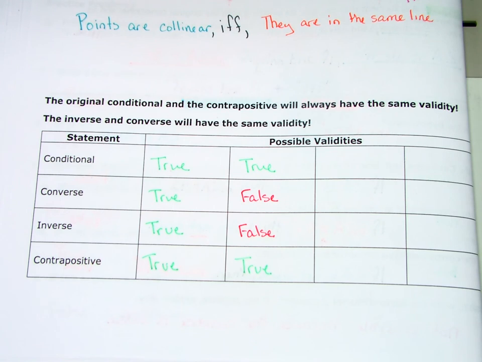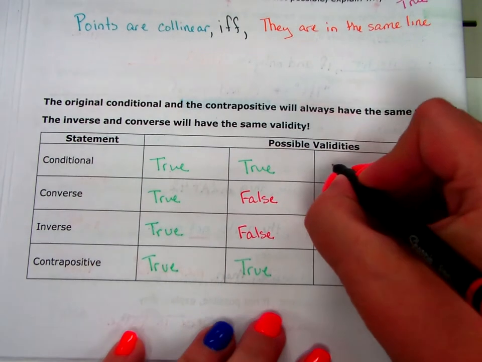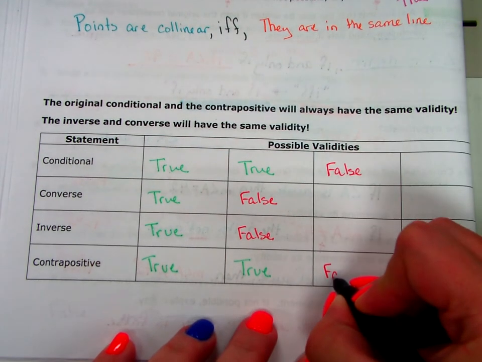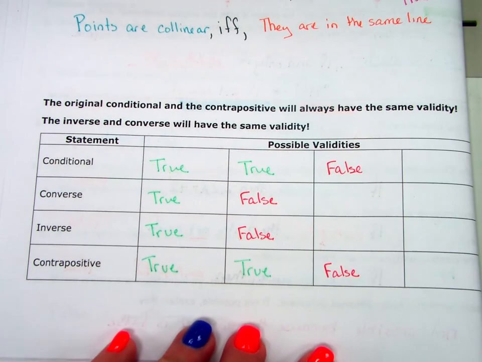Those two sets of validities are going to be like 90% of the time what you're going to come across. It's either going to all be true or it's going to be true, false, false, true. Occasionally, your teacher is really strange and she will give you a false conditional, which means your contrapositive would be false.